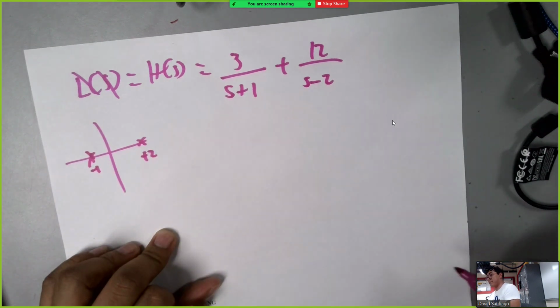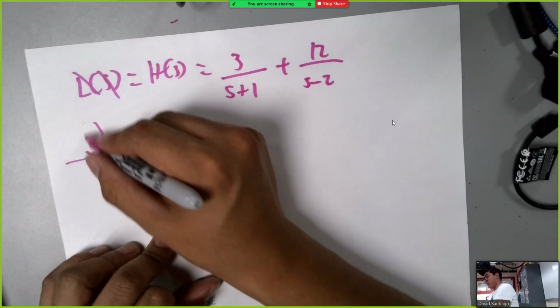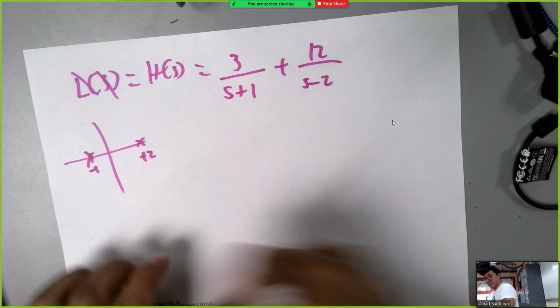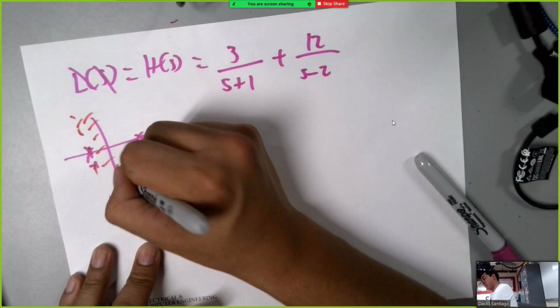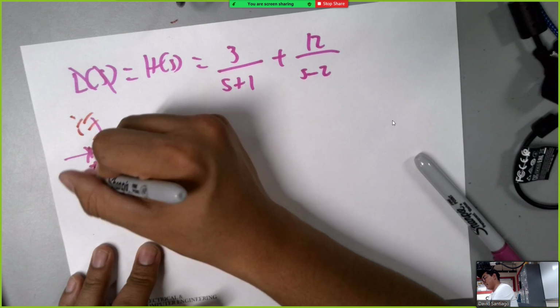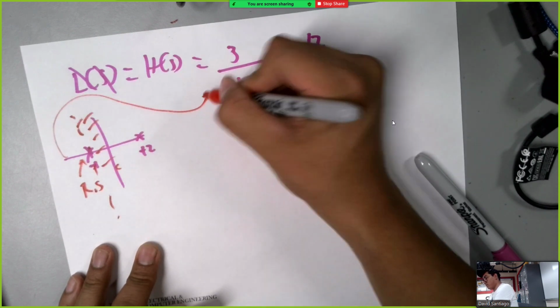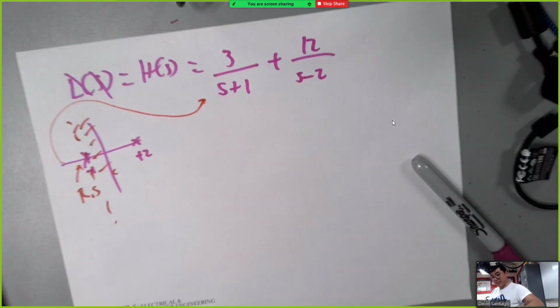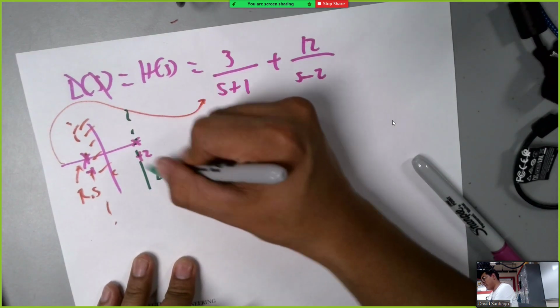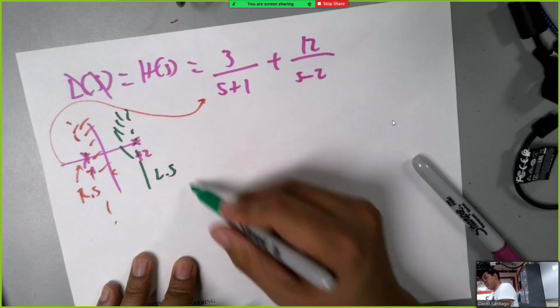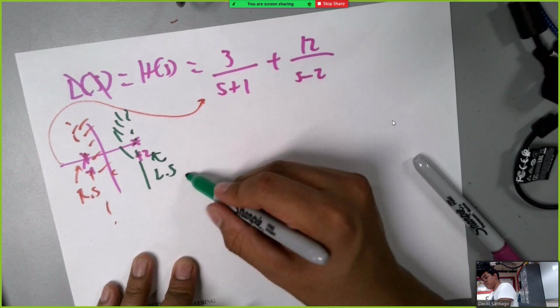To make it stable, this needs to be a right-sided equation, and to make this one stable, this one needs to be left-sided. So this right there and that right there.